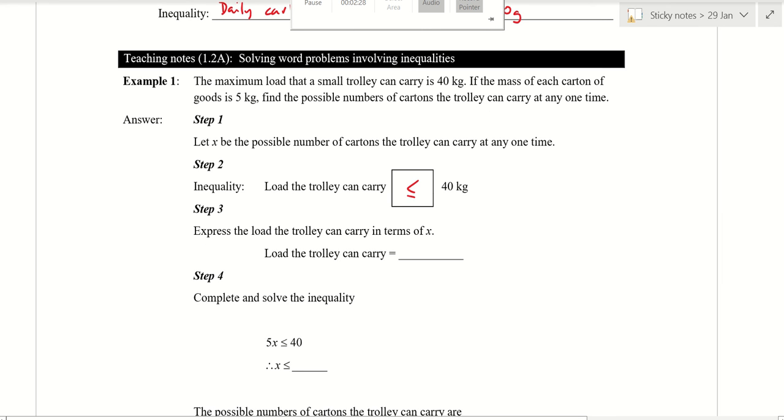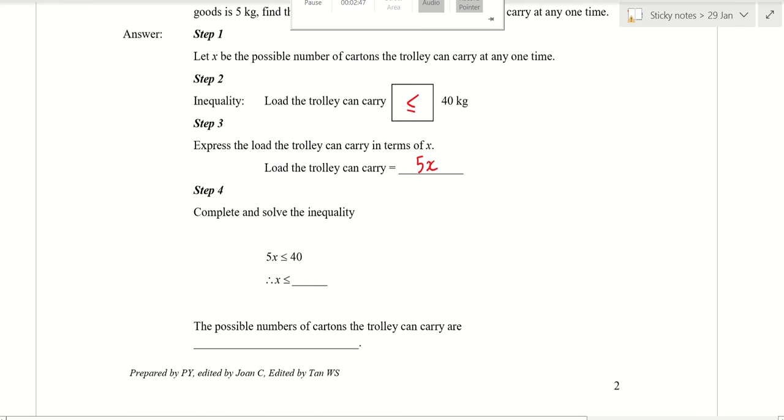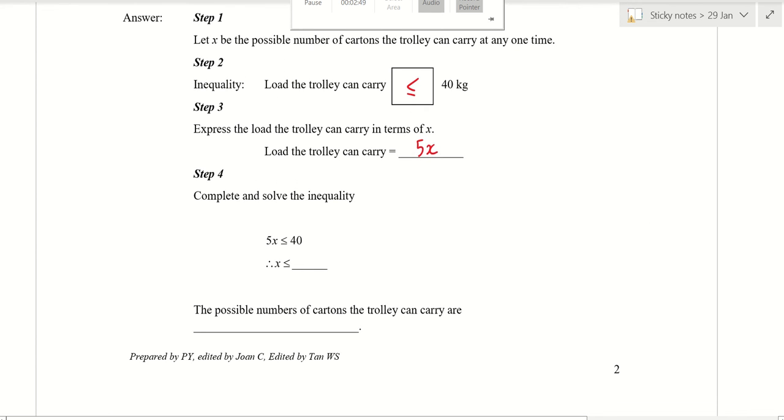Next, we want to express the load that the trolley can carry in terms of x. So if each carton weighs 5 kilograms and we have x number of cartons, the load that it can carry will be 5x. So in step number 4, we want to replace the load that the trolley can carry with 5x. So we end up with 5x less than or equal to 40.